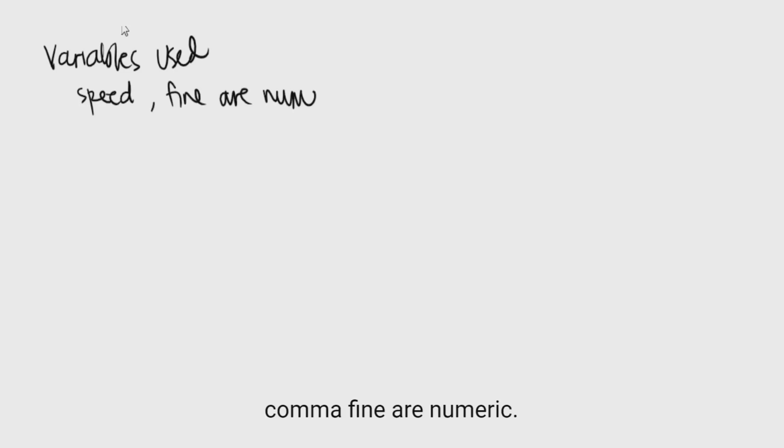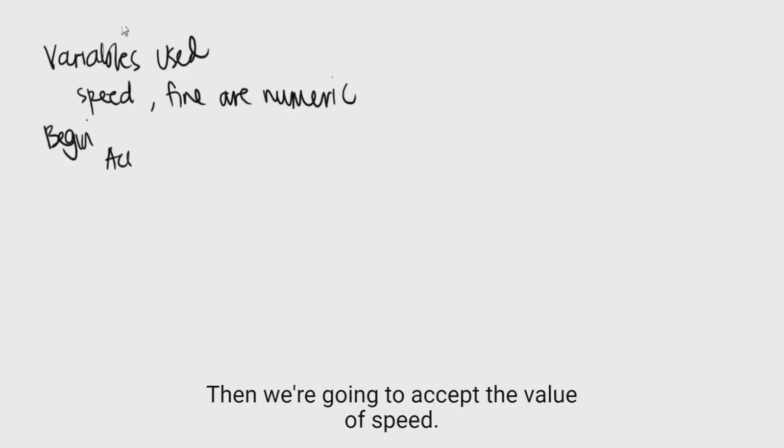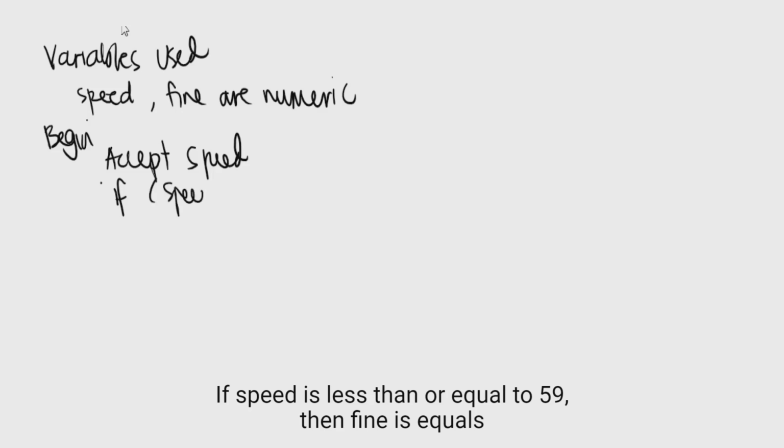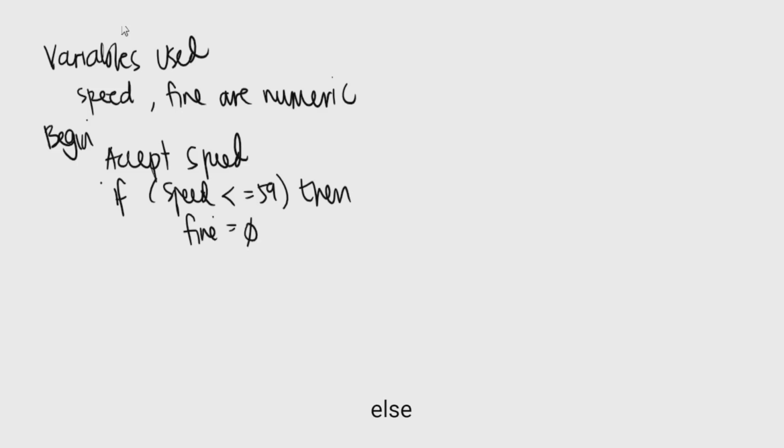Now, for the pseudocode, we have variables used. So we have speed, comma, fine, R, numeric. Begin. Then we're going to accept the value of speed. Then we test. If speed is less than or equals to 59, then fine is equals to 0.